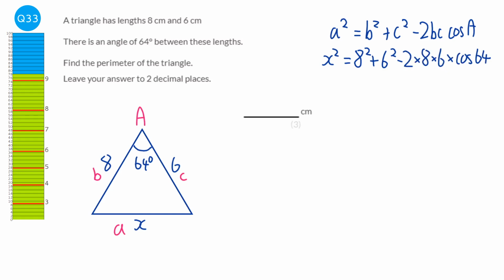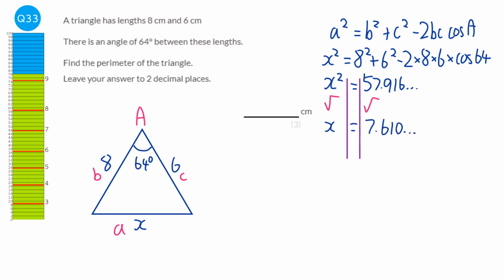That will be x squared equals 57.916 and so on. We just need to solve this by square rooting both sides.